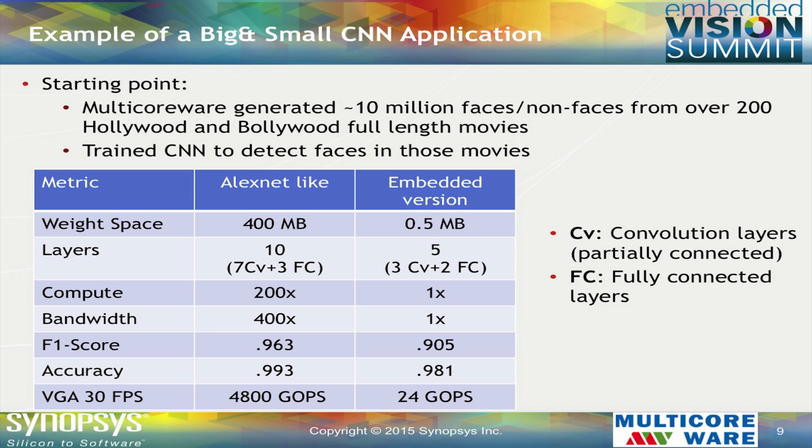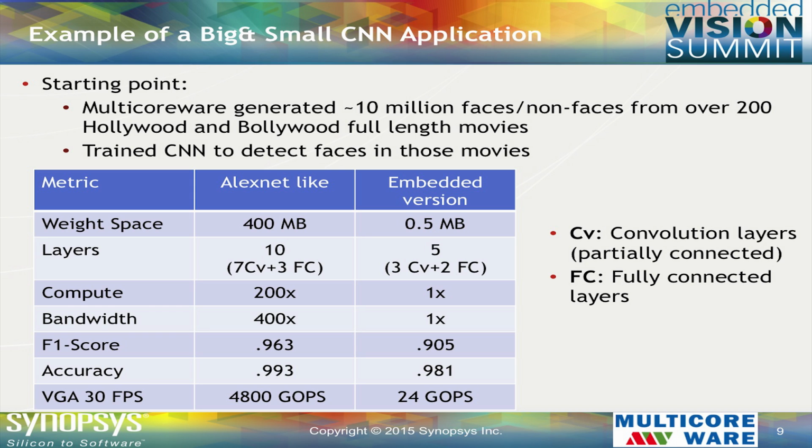And they've created also what I call here an embedded version of that graph, which is orders of magnitude smaller, as you can see. Only 500 kilobytes for the weights, a lot fewer layers, and about 200 times less compute requirement. Yet the detection rates and the accuracy have only gone down by a percent or so.